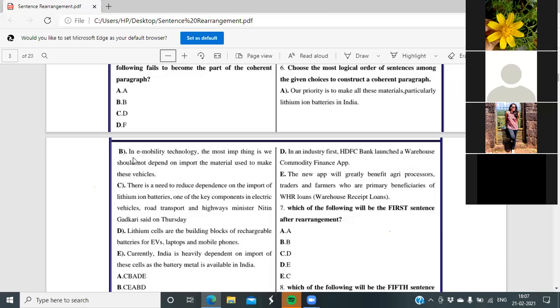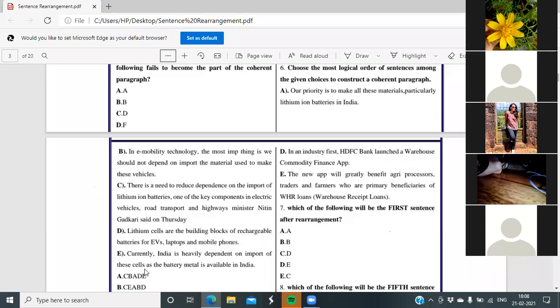If you scroll a little bit downwards for the options, yeah, just scroll down.